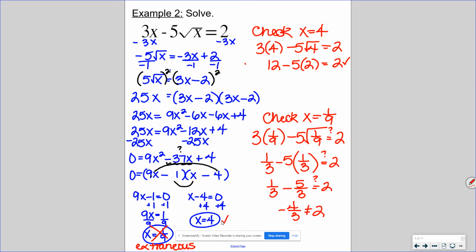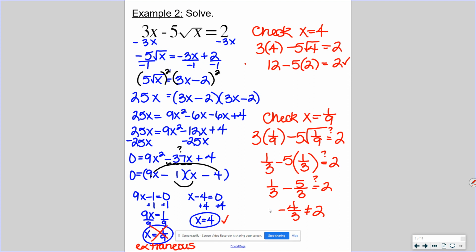Now, quick warning. Your homework is on Delta Math. You do have to show your work per the directions posted on Classroom. I just wanted to warn you, though, that when you're entering your answers on Delta Math, if you have an extraneous solution, do not type it in as an answer. Extraneous means that you solved and got it as an answer, but it doesn't actually work in the equation, so therefore it's not a solution.